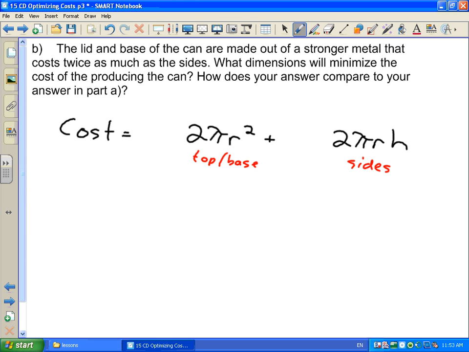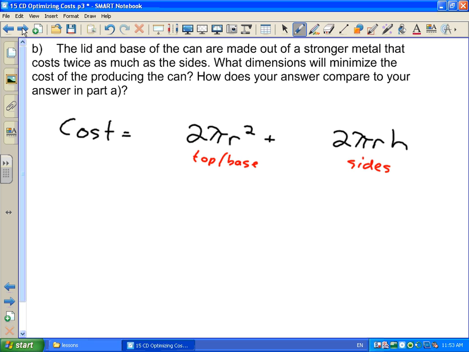The area of the top and the base, or the area of the sides. So now to get the cost, we need to multiply each of these expressions here by how much it's going to cost for that amount of metal.